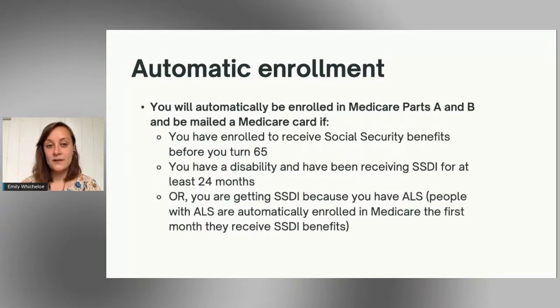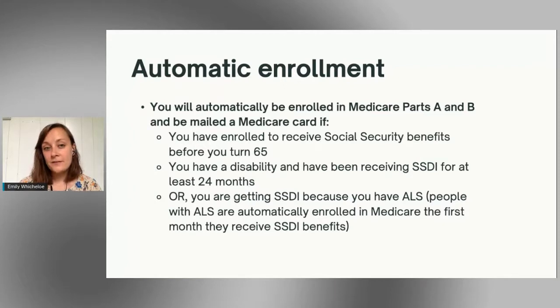We'll move on now to talk a little bit about Medicare enrollment, as it's important to be familiar with Medicare enrollment rules when we're talking about transitioning from expansion Medicaid into Medicare. So one way you can enroll in Medicare is through being automatically enrolled.